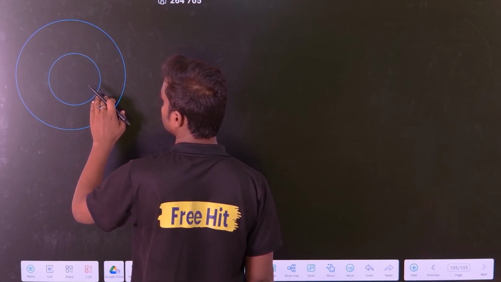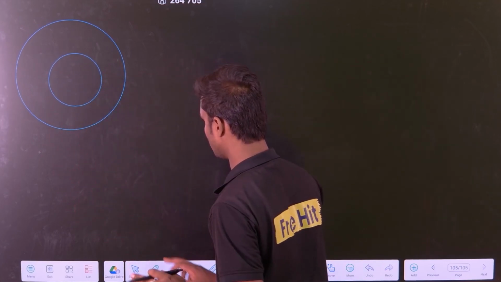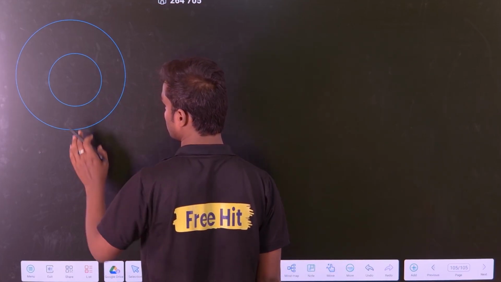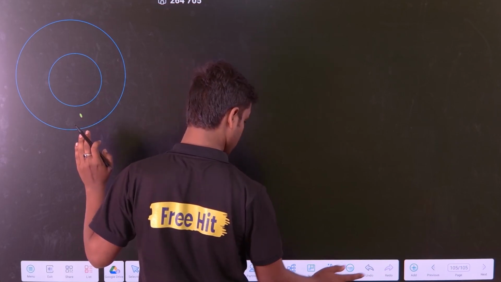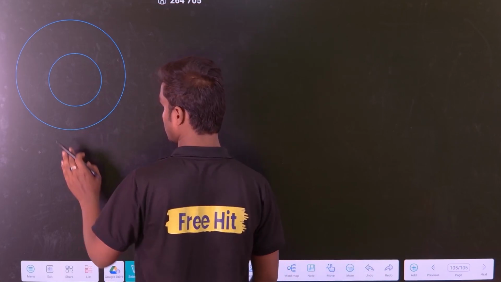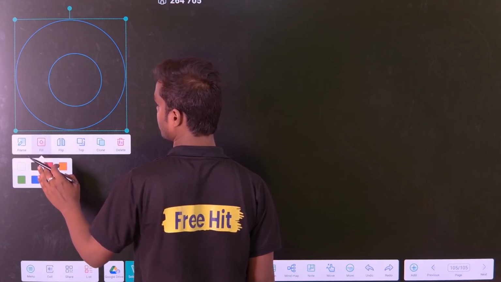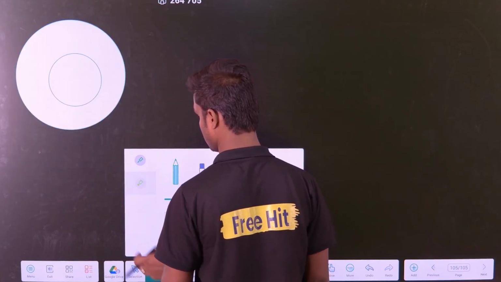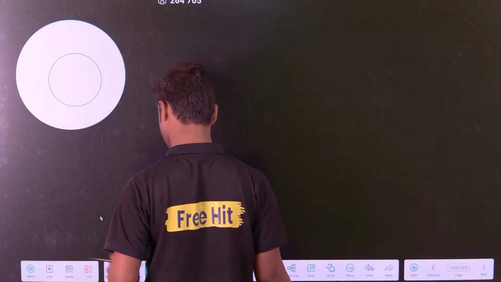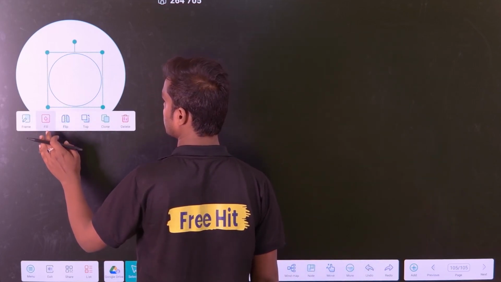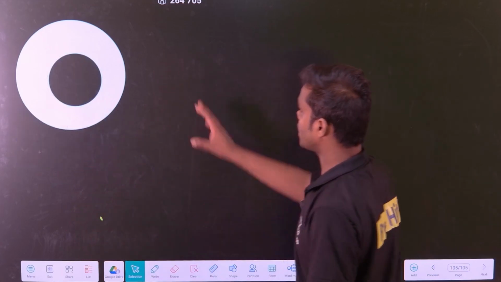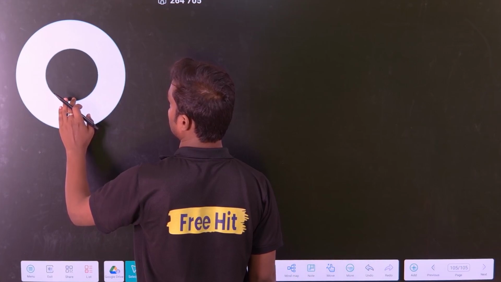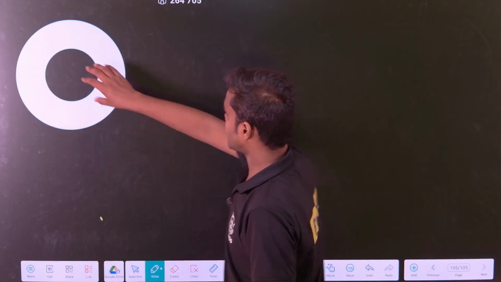Suppose I have two concentric spheres, and inside it is hollow.